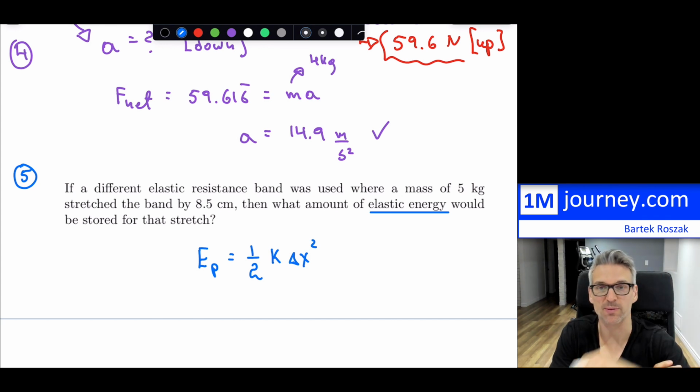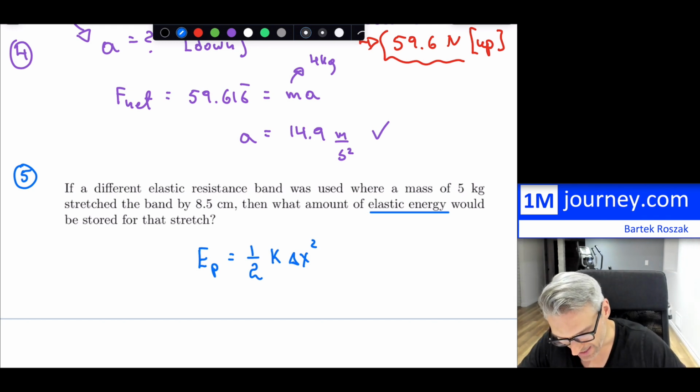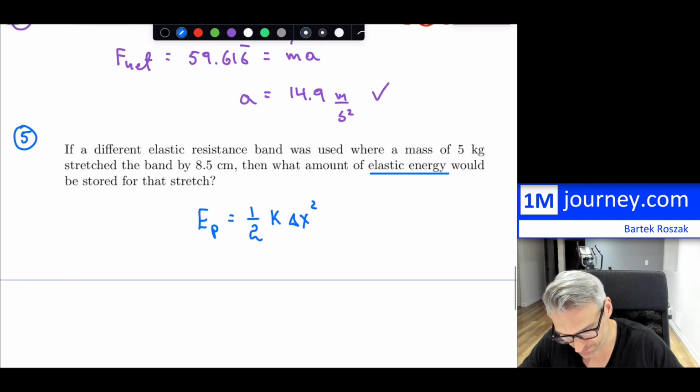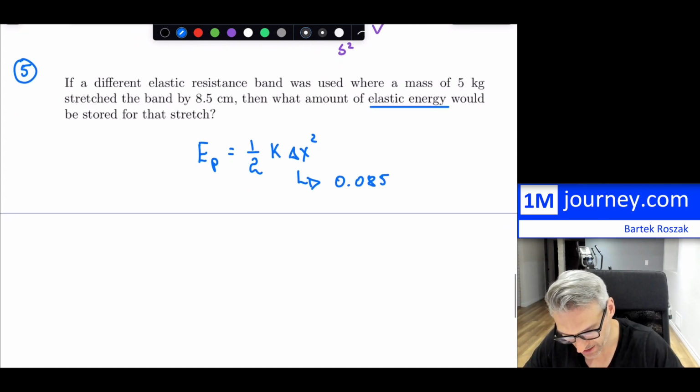I can put a link up above if you want to see the introduction to this and how to derive that. Now, if you substitute all of the values in here, we have this. So that's great. This is 0.085. However, we don't have K. So we have to find out what K will be. So this is kind of a two-step process.